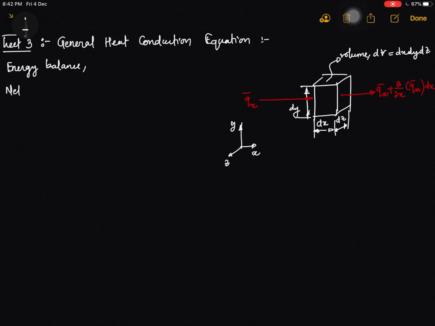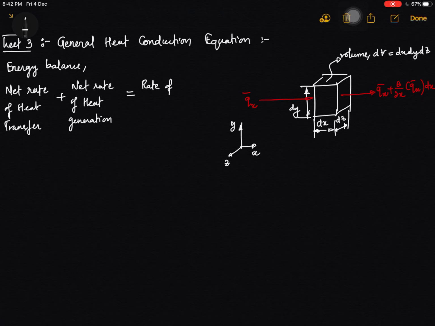Energy balance: the net rate of heat transfer plus the net rate of heat generation within the body will be equal to the rate of change of internal energy of the body, or within the body. So this is the energy balance equation.